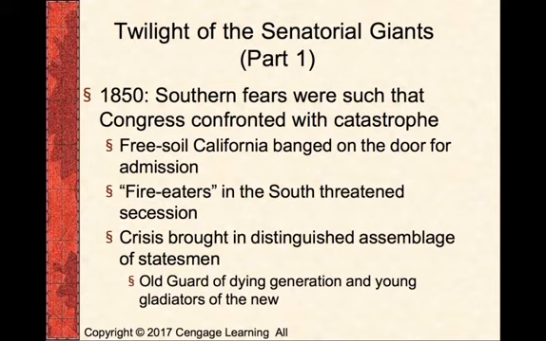Literally dying away. John Quincy Adams died on the Capitol grounds. He had a stroke. And new, young gladiators were coming in who were ready for a fight.